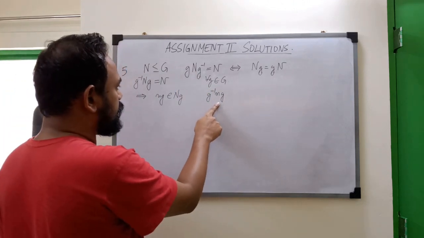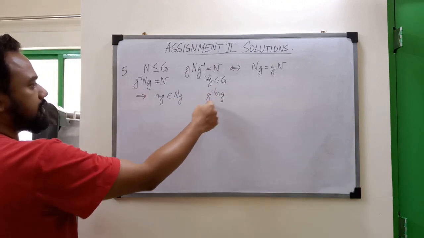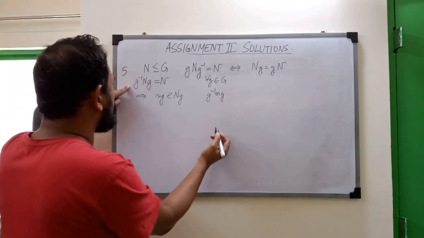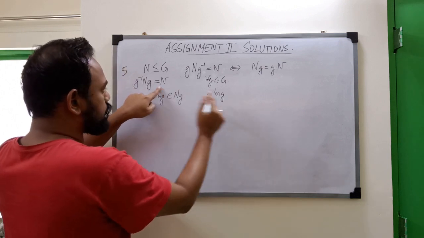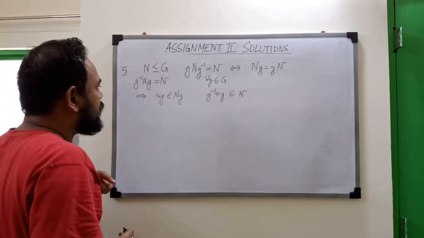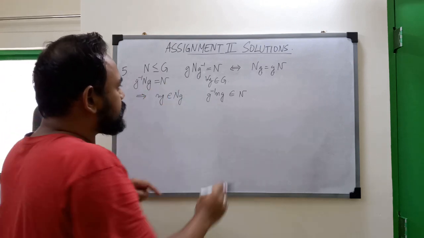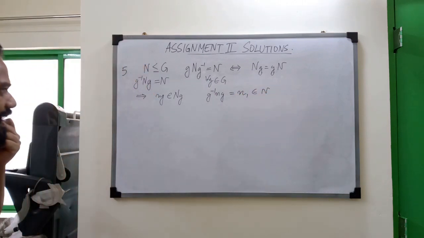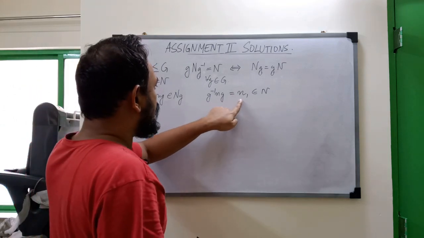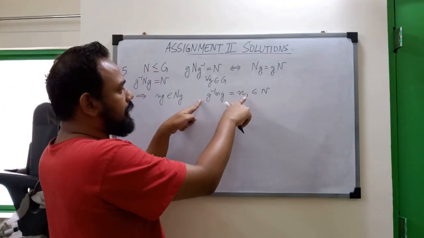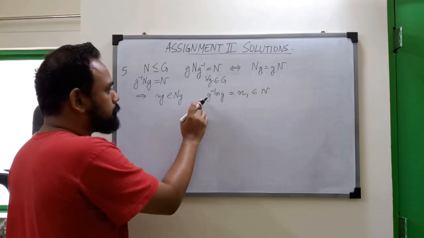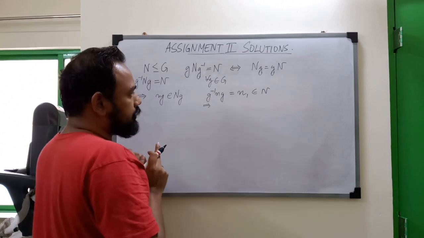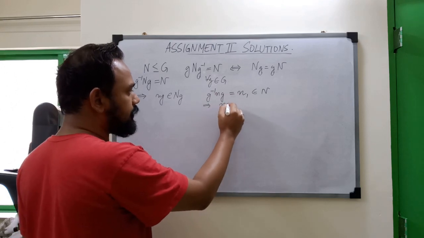Now, as you can see, this thing is an element of this conjugate by g inverse, which is equal to N, so this must be an element of capital N, which means that you can write it as some n1 in capital N. If you operate on both sides by g from the left, you have g with g inverse, which gives you identity, which has no effect on Ng, so it stays as it is.